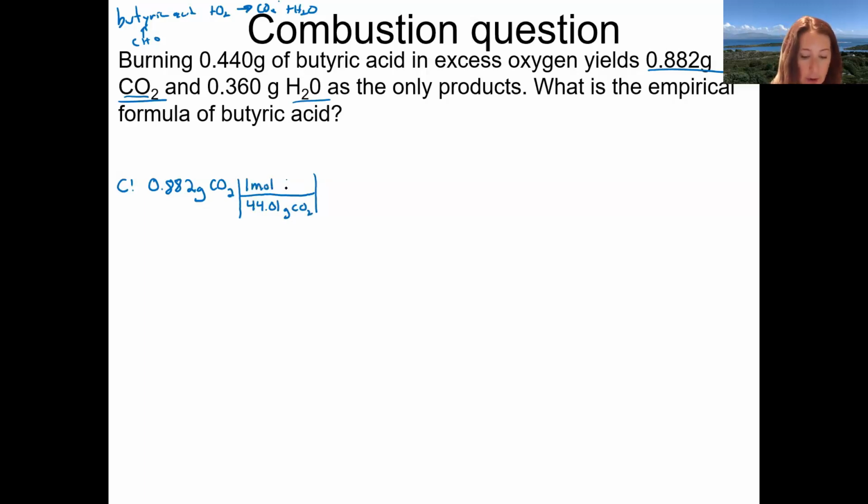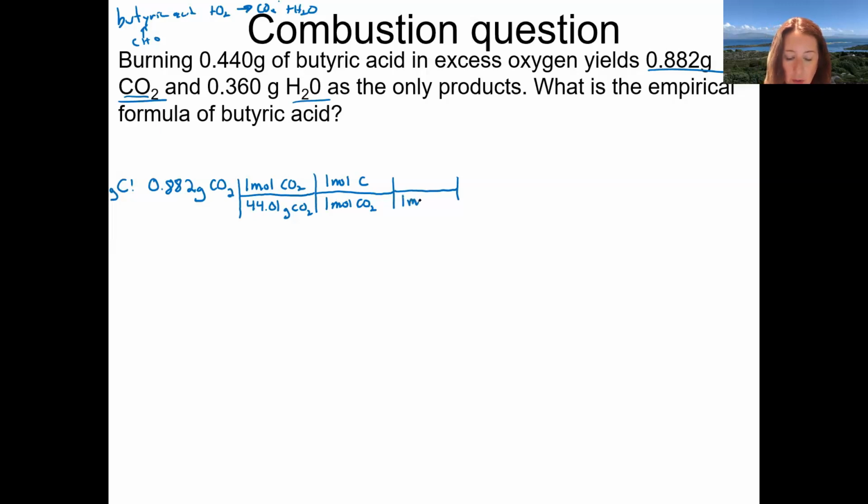You'll have a bunch of these memorized. In 1 mole of CO2, there's 1 mole of carbon, and I'm going to grams of carbon. That's where I'm going, and you're going to see why in just a second.